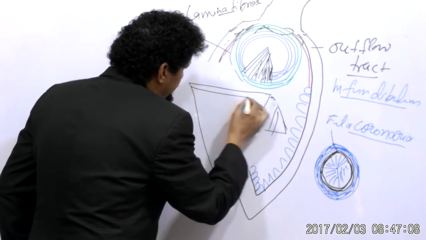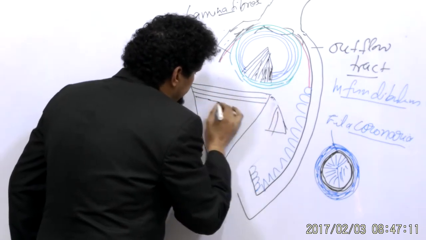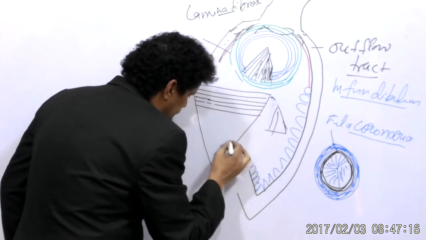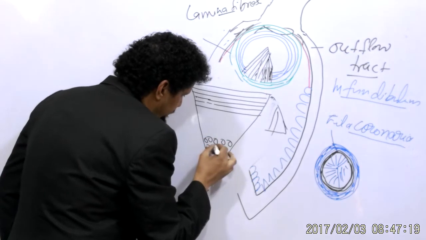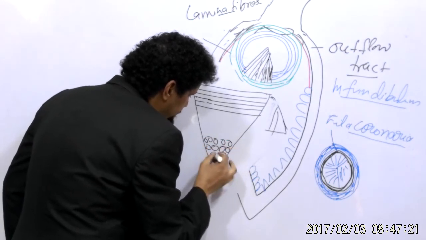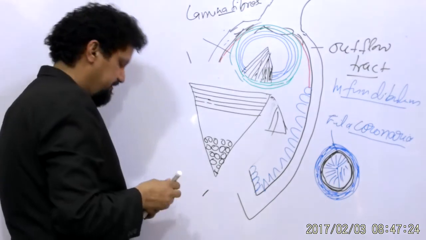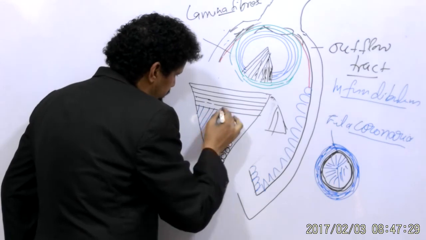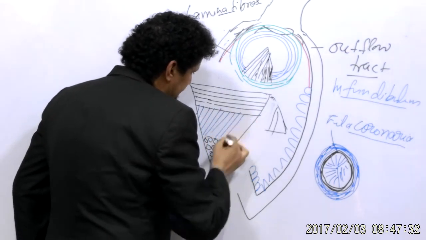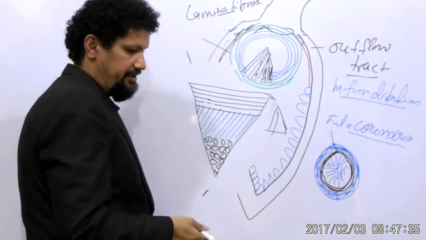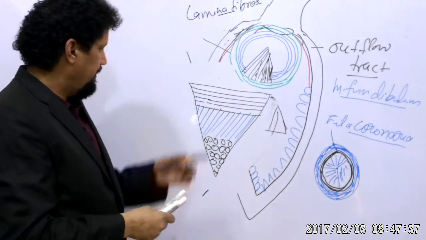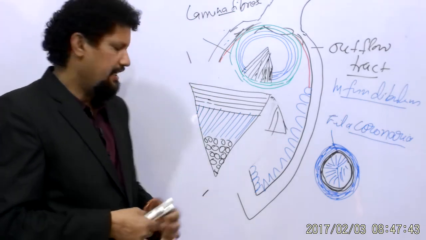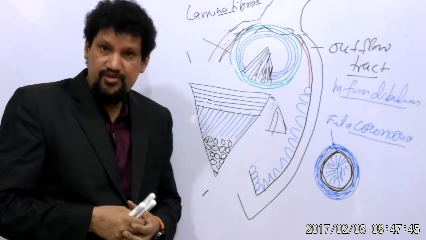It is having three parts. This part is known as the basal part. This part is known as the rough zone, and this part, the middle part, is known as the clear zone. So when we see the inferior surface of a cusp or leaflet, we will see the basal part, the intermediate zone, also known as the clear zone, and the apical zone of the cusp, known as the rough zone.